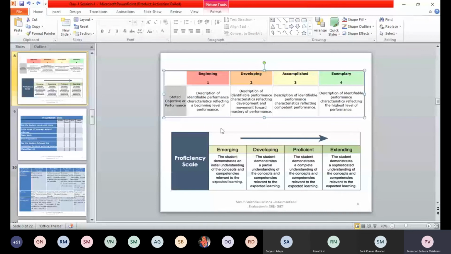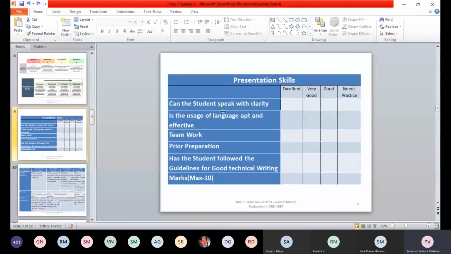Now, as I told you, you can use different quality parameters based on your choice. When I want to assess presentation skills, these are a few parameters where I want to judge my student, and these are my quality parameters. For each of them individually, I need to write down clearly what makes the student fall into this particular criteria.